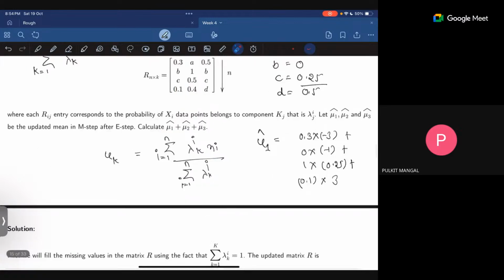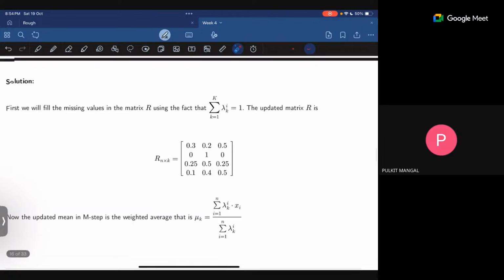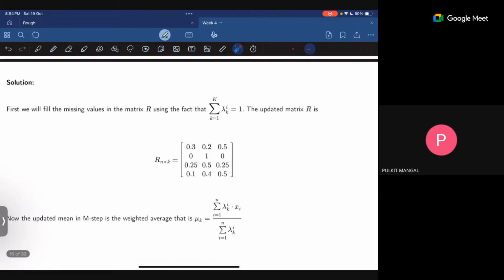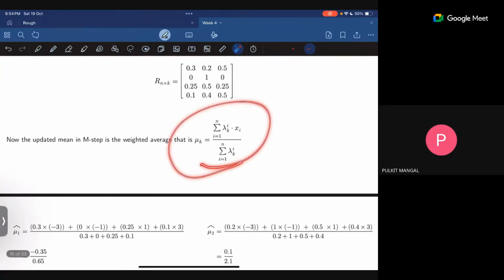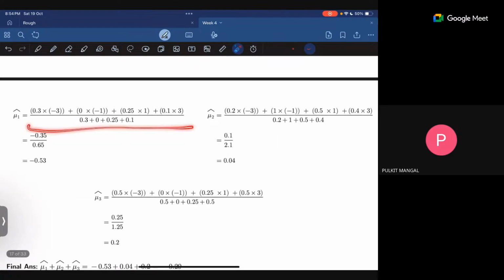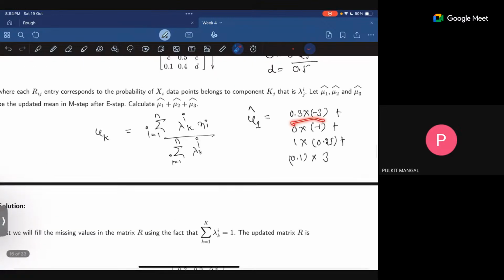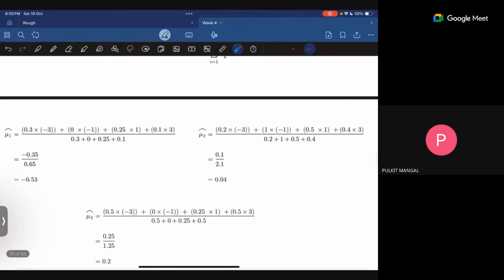Okay, so if we look at the solution part, this is the matrix. We all have calculated the matrix. The updated mean is given by this weighted average. This was the mu hat 1 that we were calculating here. 0.3 into -3 plus 0 into -1 plus 1 into 0.25 plus 0.1 into 3.